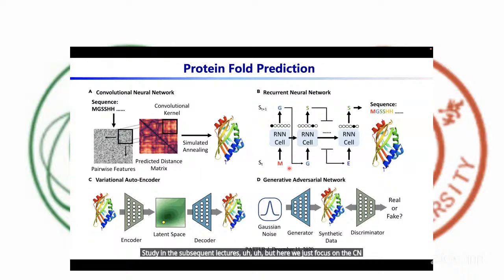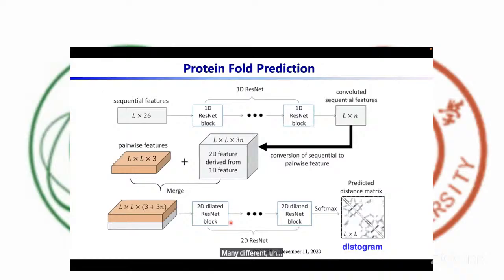We let you know that there are others, and in these few years, transformer has also been applied for protein structure prediction. So essentially, it doesn't have to be just the same. You can apply many different AI architectures. Okay, so anyway, we focus on protein structure prediction based on CNN.